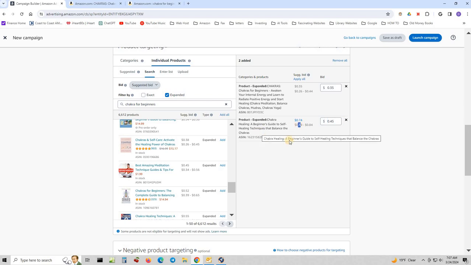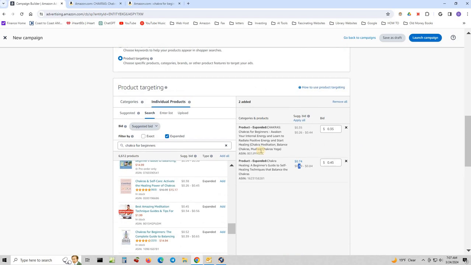The reason why is because I know there's going to be days where this will drop down. There'll be less competition, and I can get a couple sales at a very high profit margin per unit. The biggest key factor that's going to let you know whether or not you're making money with your ads is your ad cost of sale, your ACOS. So whatever you're spending to get a sale. If I'm only spending 10% of the sale amount, I'm making money.